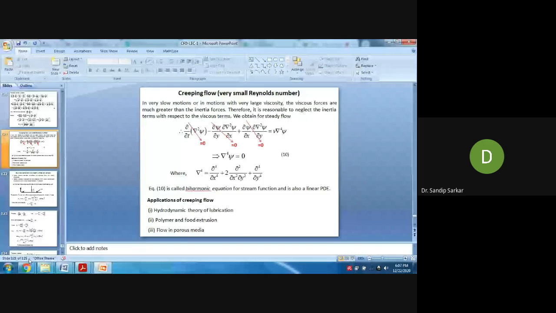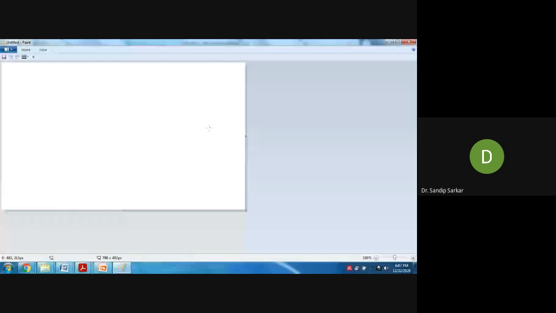You should keep this in your mind, the Navier-Stokes equation. In the Navier-Stokes equation, the first one is called the temporal term. The second one is called the inertia or convective term.